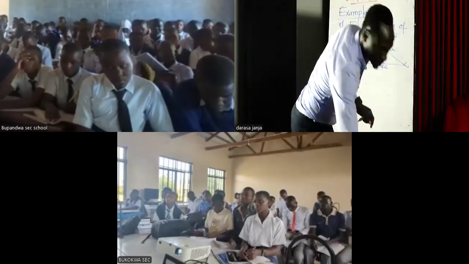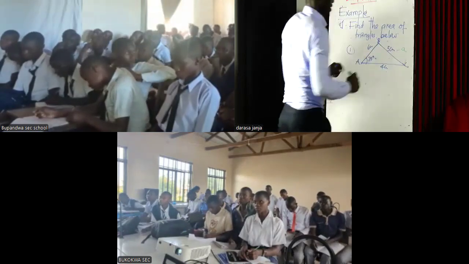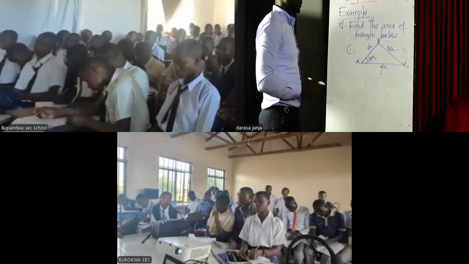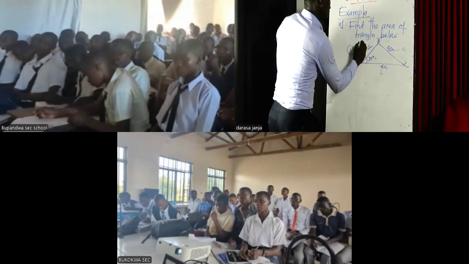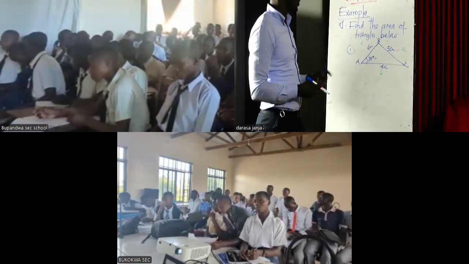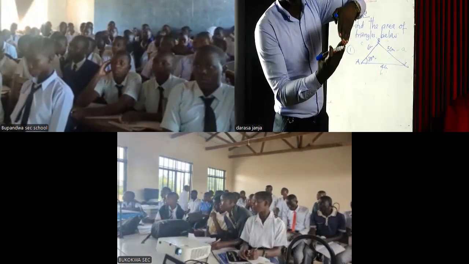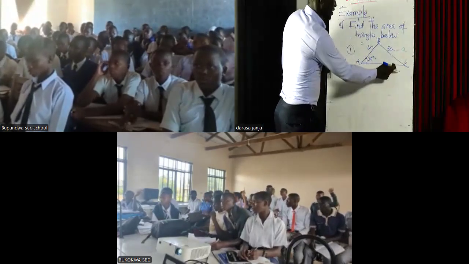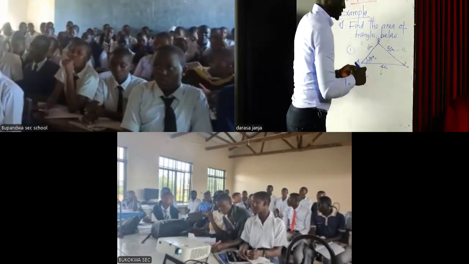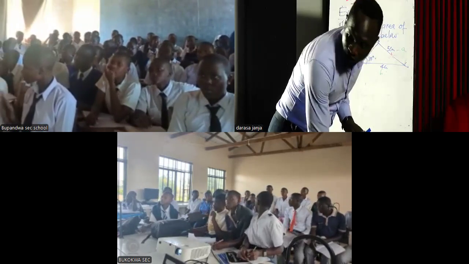If this is angle A, the opposite side of this angle is going to be side A. If this is angle B, the opposite side is going to be side B. If this is angle C, the opposite side is going to be side C. So today they're giving you angle A, meaning that in your formula you're going to exclude side A. We are using the sides which enclose our angle, the ones between it. These sides we use in our formula, and not this one. We are not using it.